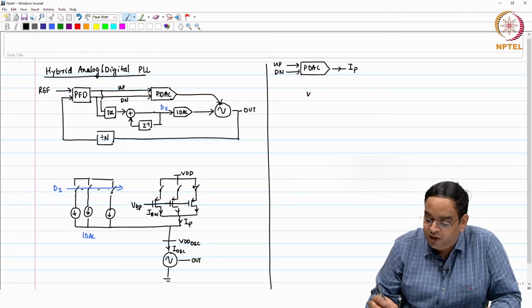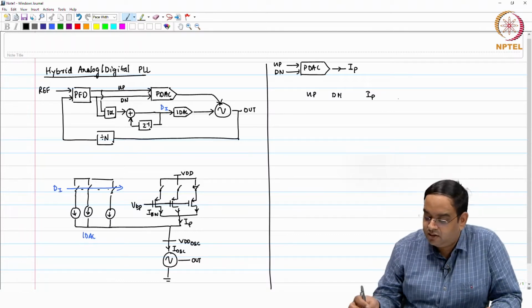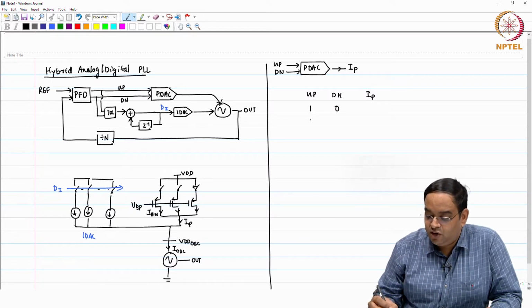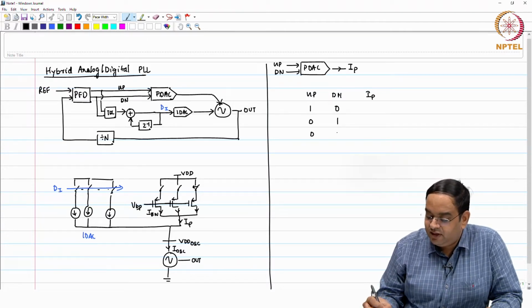So, you are having up, down and IP, the current which comes out of this proportional DAC. When your up is high and your down is 0, this is one case, or when your up is 0 and down is 1, these are the two cases, and when this happens.